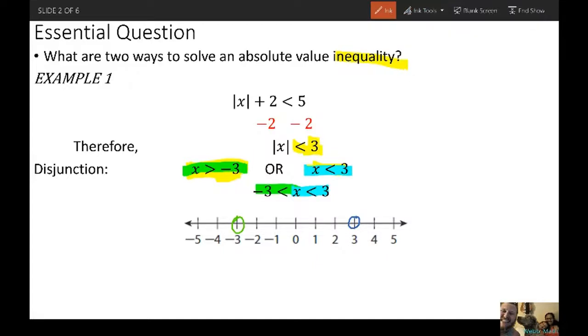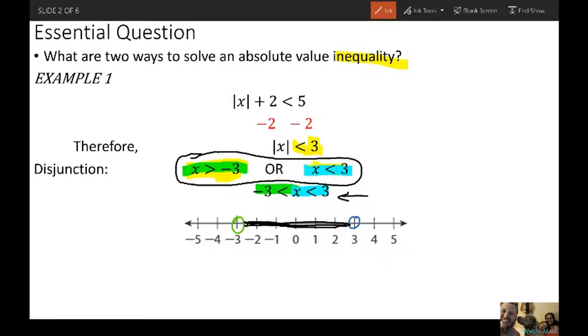And then you have your compound inequality, so it goes through this entire region right here. That's how you fill in, just like back in the day with inequalities. Mind you that this right here are your solutions. But if you're asked to graph, you're going to have to think like this, and then you're going to have to do something like this.